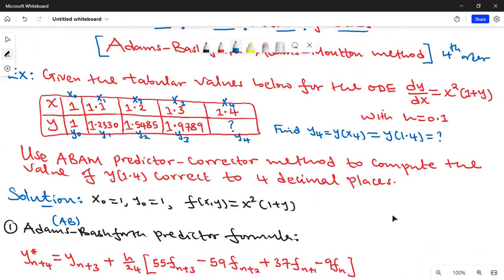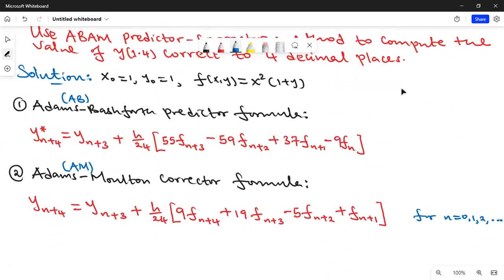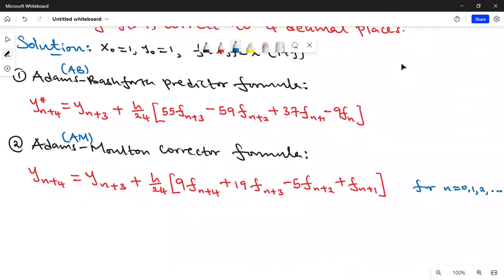So now let's go back to our problem. The initial value problem, dy over dx is equal to x squared into 1 plus y. We are going to iterate from n equal to 0. We start from 0, so put n equal to 0. What are we going to get when n is equal to 0? Let's start with the predictor.